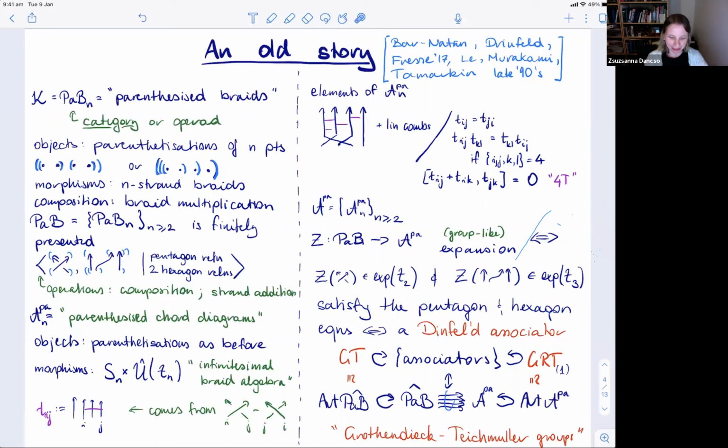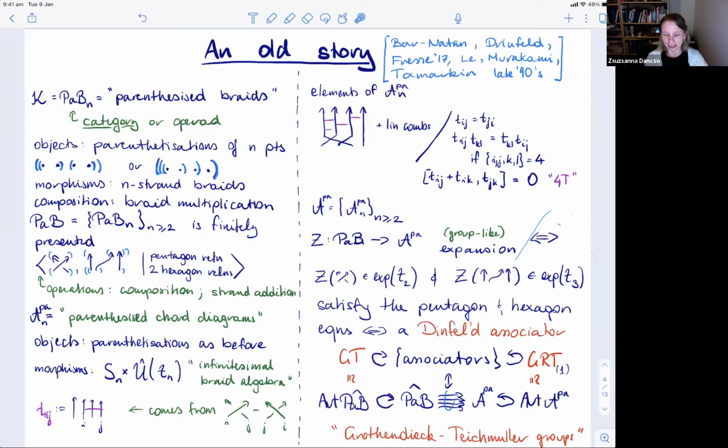So then elements look like some stacking product of these chords, and then linear combinations of such things with some boring symmetric group part at the bottom or at the top if you wish. And there are a bunch of relations.